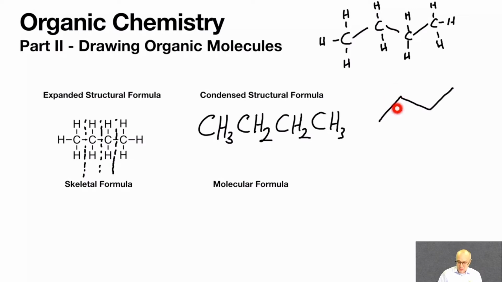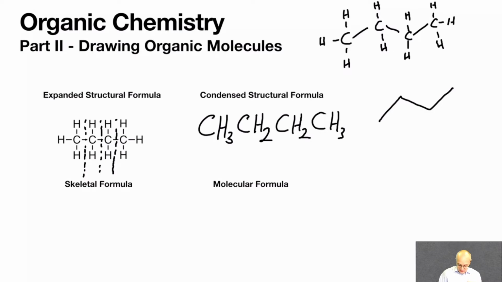Wherever 2 or more lines, could be more than 2, come together, that's also a carbon. So here we have a carbon. Here we have a carbon, because that's where lines terminate or stop. Here we have a carbon, and here we have a carbon.